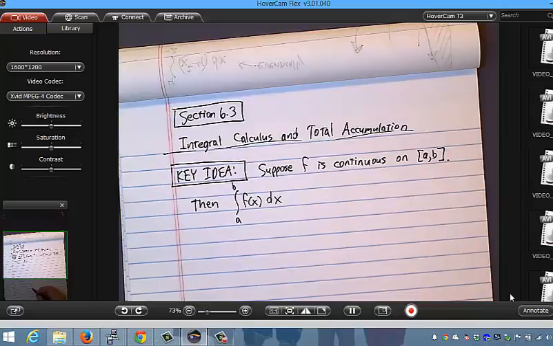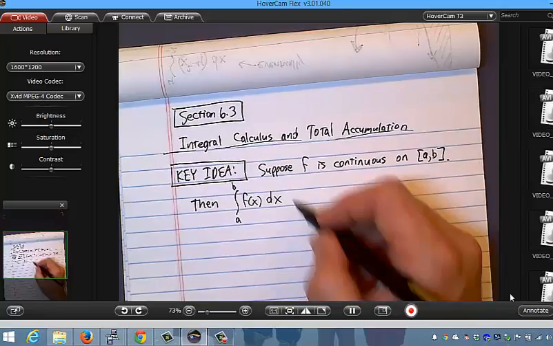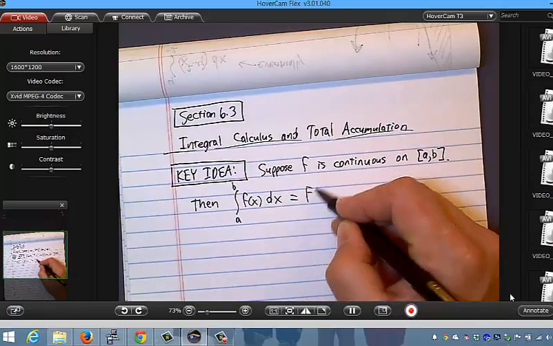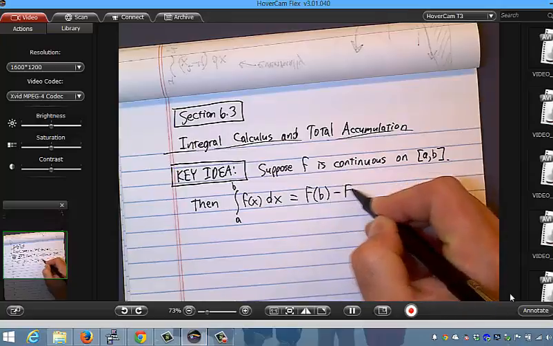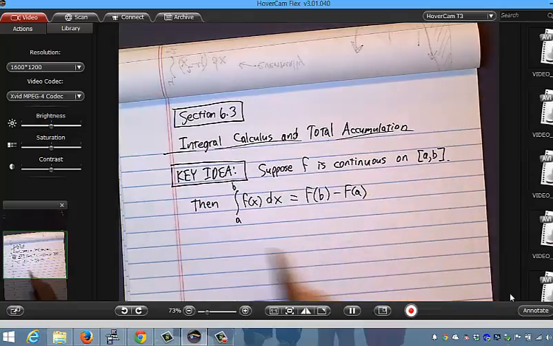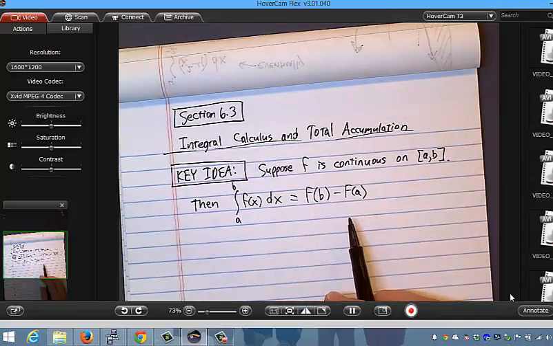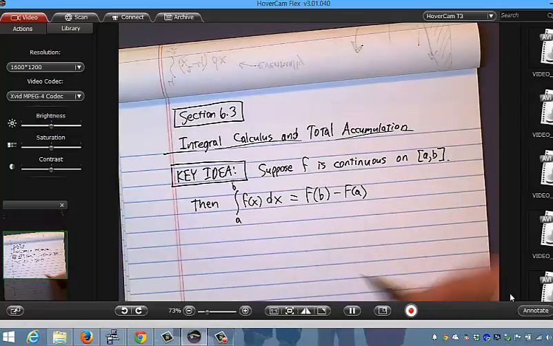and again, how do you do it? Well, you take an antiderivative and then do big F of b minus big F of a, right? So this is what we just learned how to do. But what's it give me?